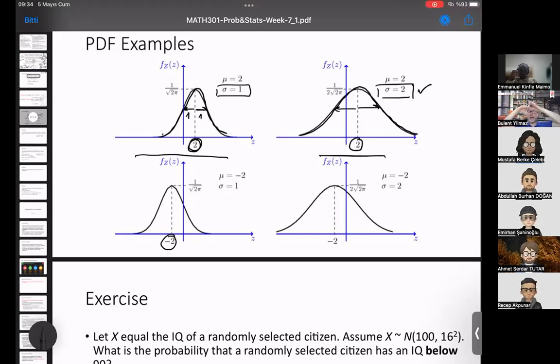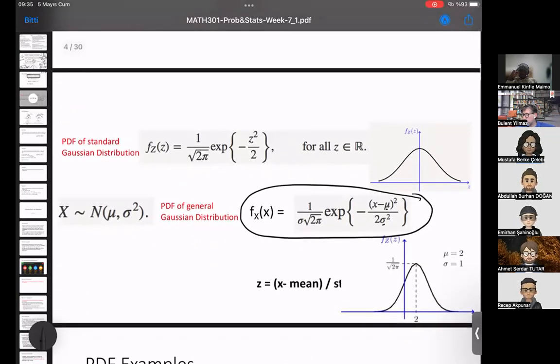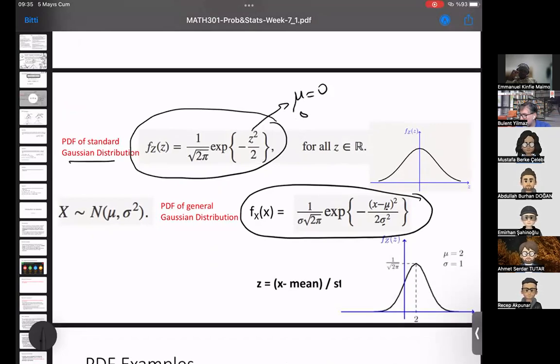So the normal distribution has the bell-shaped curve. The PDF of the normal distribution is this. It's called the standard Gaussian distribution. Why is it called standard? Because here mu is 0 and standard deviation is 1.